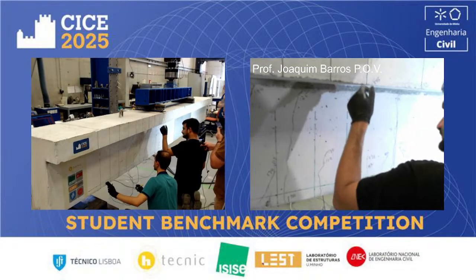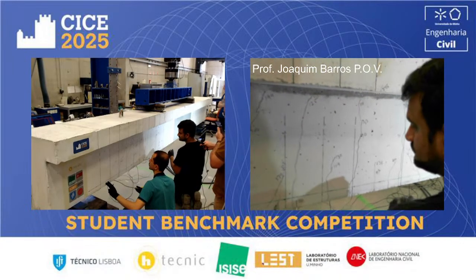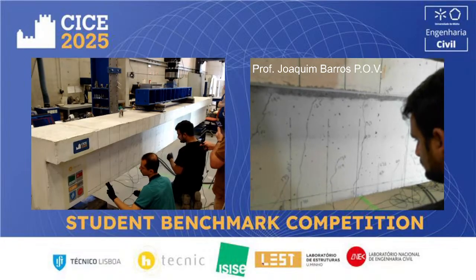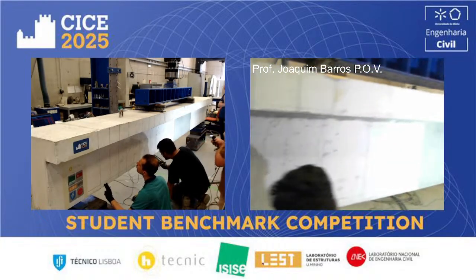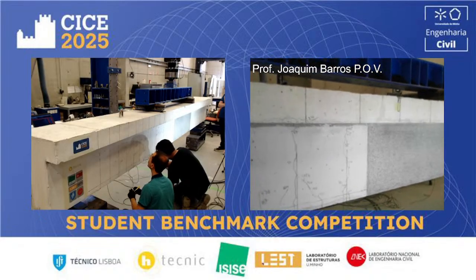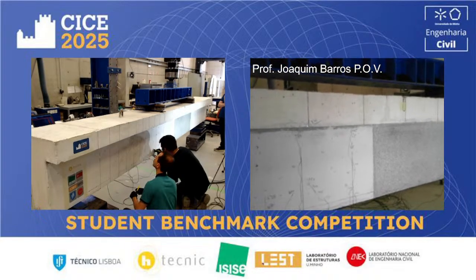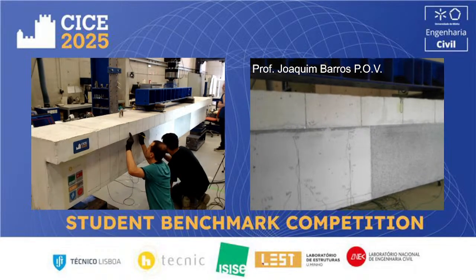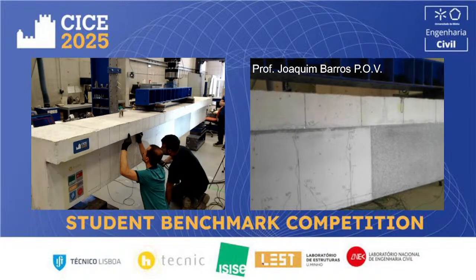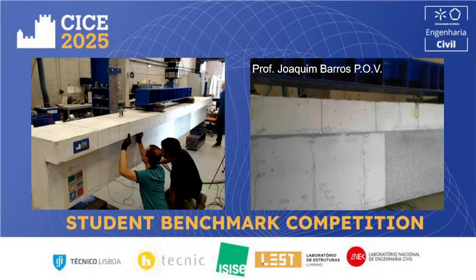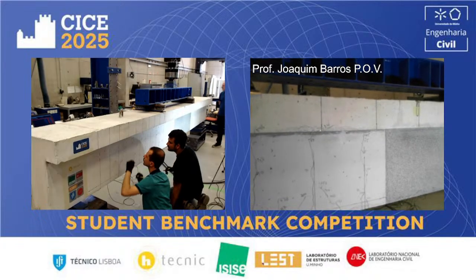Using the DIC, we will measure the crack width in each crack crossing this line, and then the maximum will be the maximum of the measures.